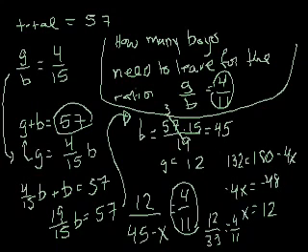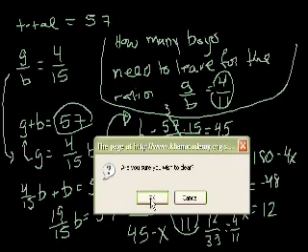Let's do another problem. Let's say, this thing sometimes malfunctions. Okay, let's say that the ratio of apples to bananas in a basket is equal to 5 to 19.